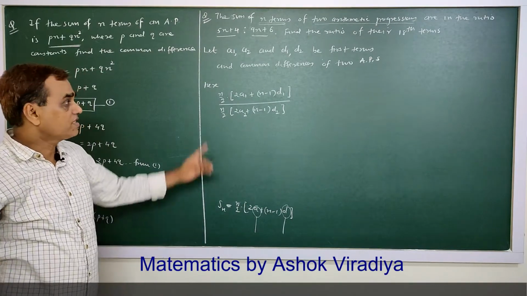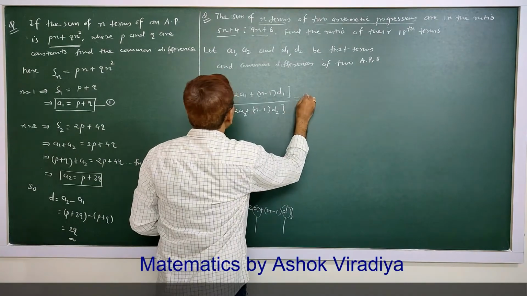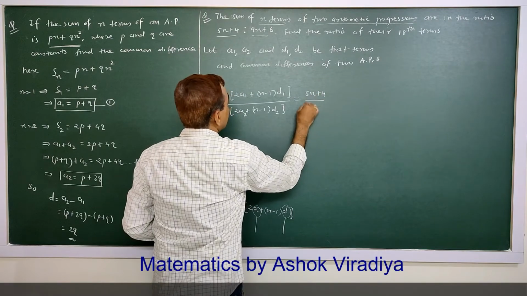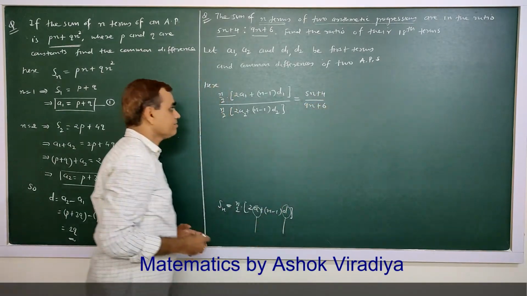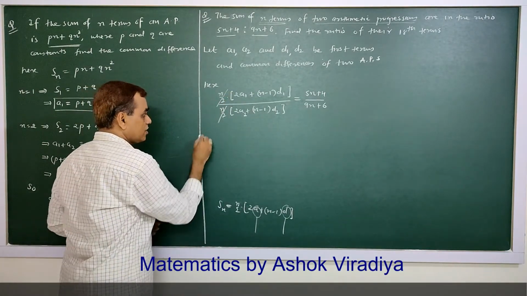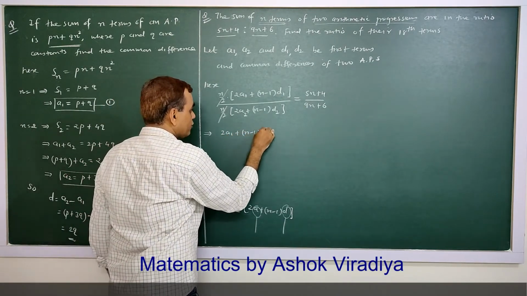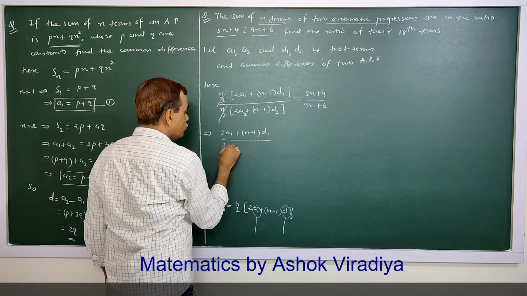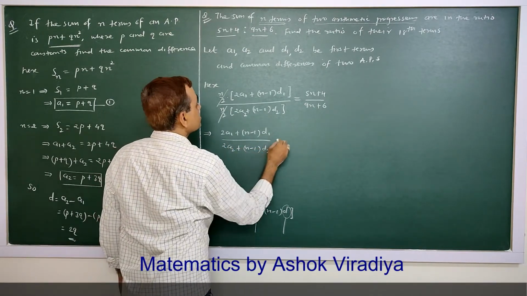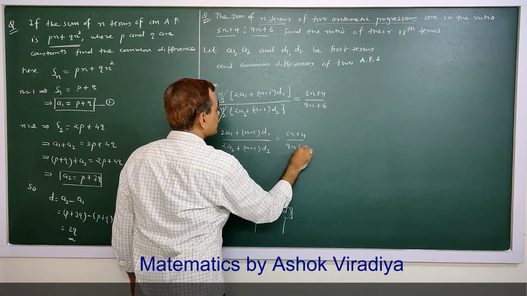Its ratio is equal to 5n plus 4 upon 9n plus 6. So this will be cancelled. So this is 2A1 plus n minus 1 into D1 upon 2A2 plus n minus 1 into D2 equal to 5n plus 4 upon 9n plus 6.